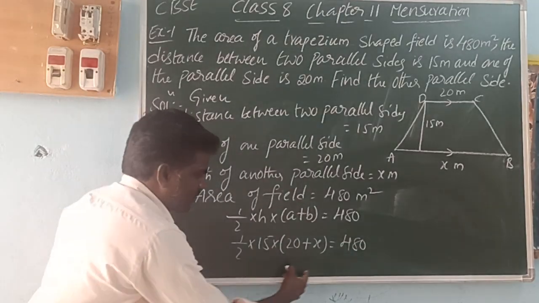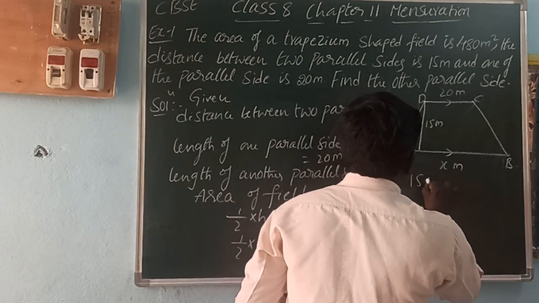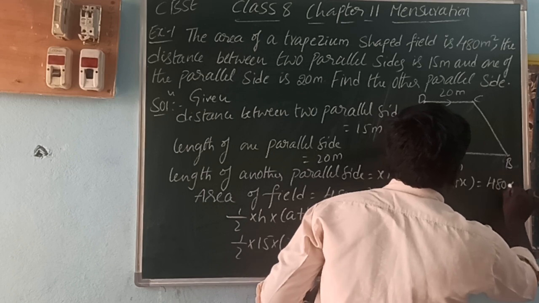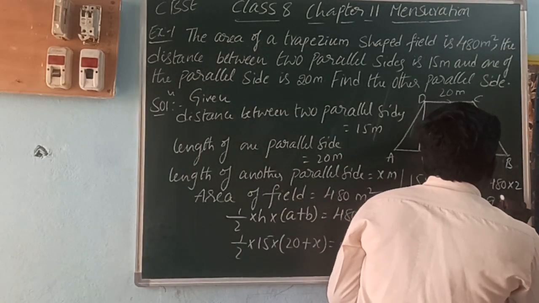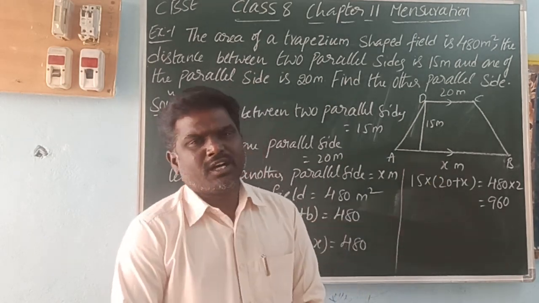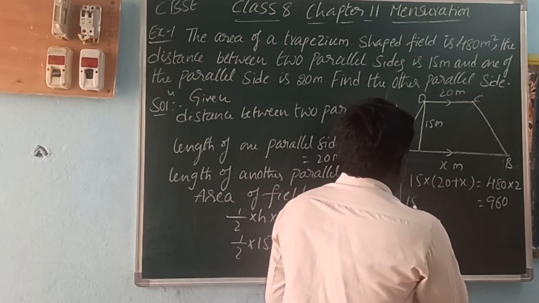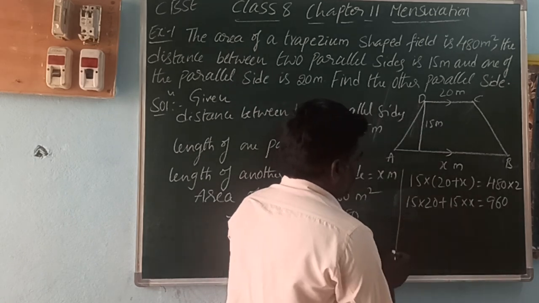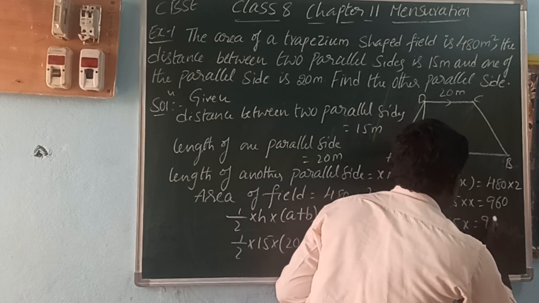So the 2 in the denominator is going to multiply across: 15 into 20 plus x is equal to 480 into 2, that is 960. Here we can use the distributive property: a of b plus c is equal to a into b plus a into c. That is 15 into 20 plus 15 into x. 15 into 20 is 300, so 300 plus 15x is equal to 960.